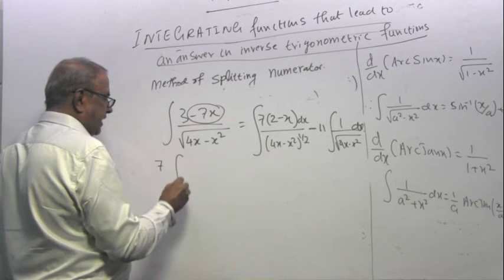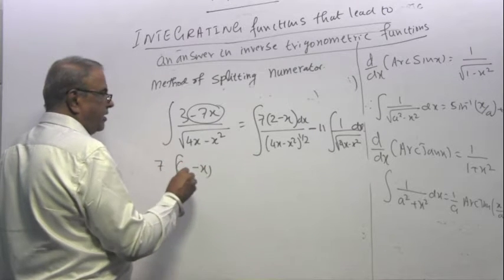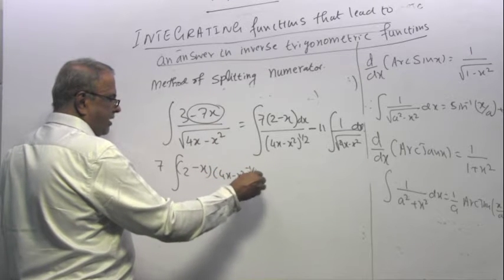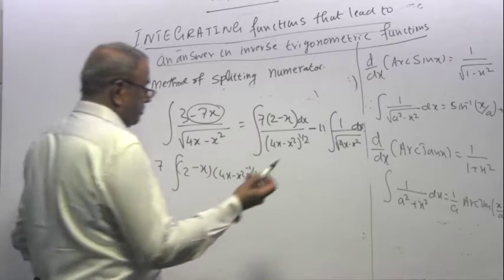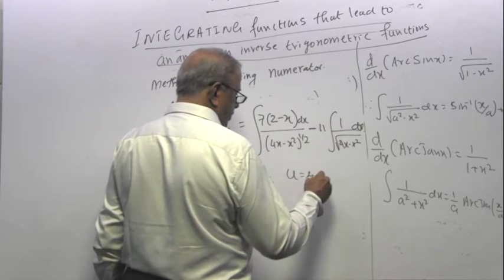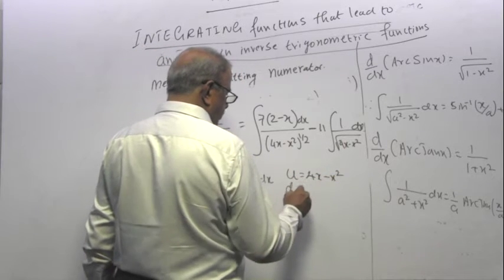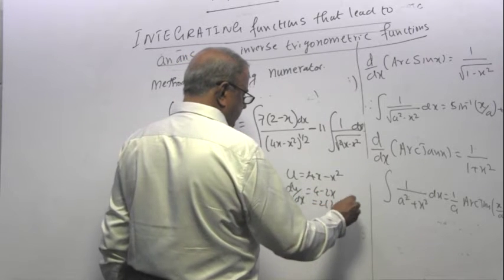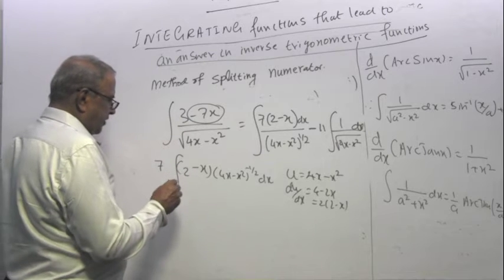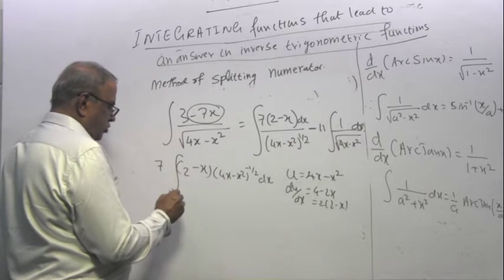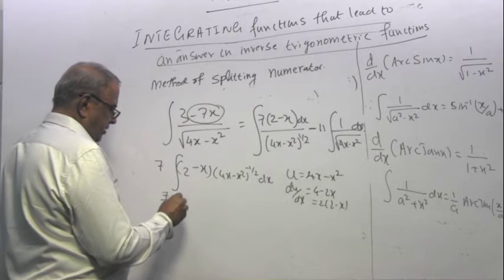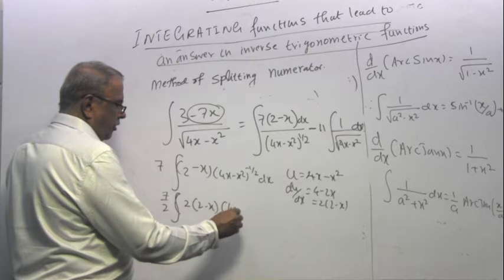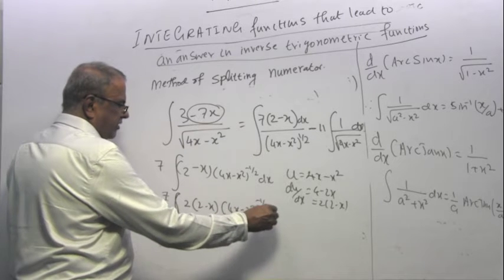So 7 integral 2 minus x times 4x minus x squared power minus half dx. I'm going to use inspection, but you can use substitution. u is 4x minus x squared, so du by dx is 4 minus 2x or 2 times 2 minus x. I have a 2 minus x, so I'll write it as 7 over 2 times integral 2 times 2 minus x times 4x minus x squared power minus half dx.